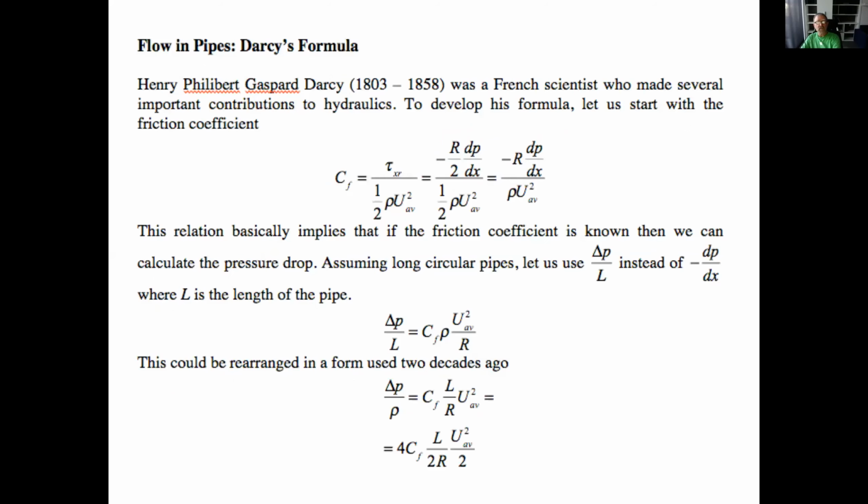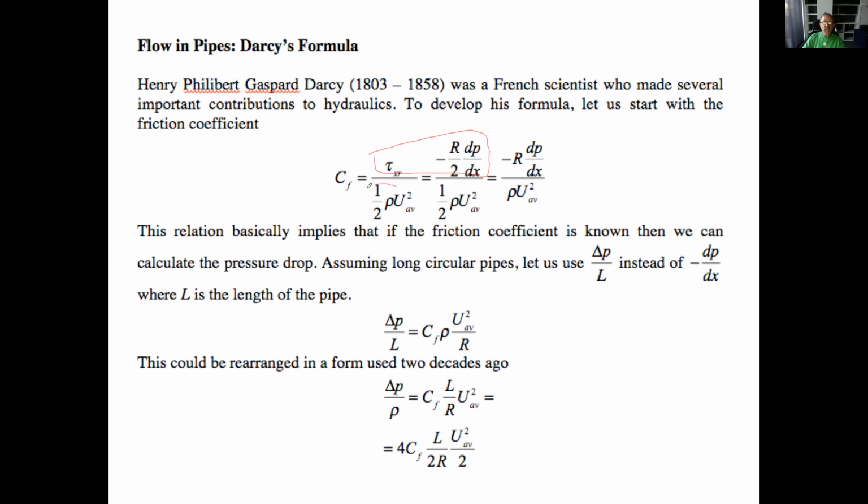So I'm trying to show that what we're doing ends up with Mr. Darcy's formulation. But I'm hiding Darcy's formulation, so you don't know where we're going. I'm trying to make it mysterious. Okay, so I took tau from there.